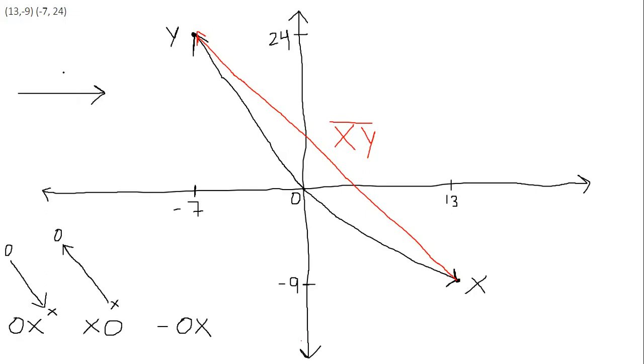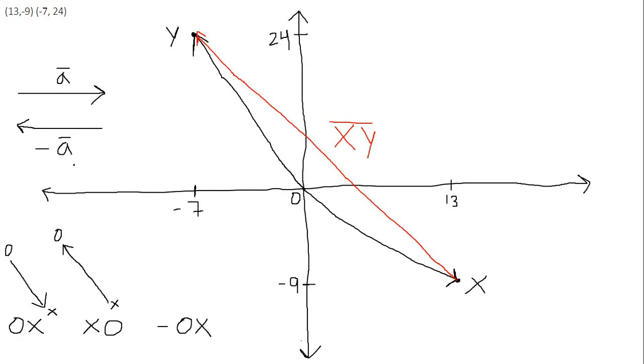In general, a vector heading in the opposite direction of A, we call that negative A. So negative A would be the vector that has the same size, but just in the opposite direction.